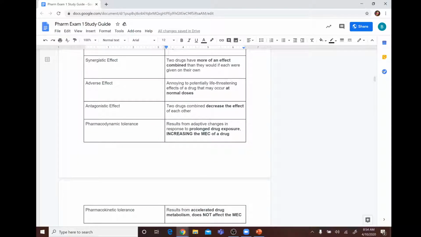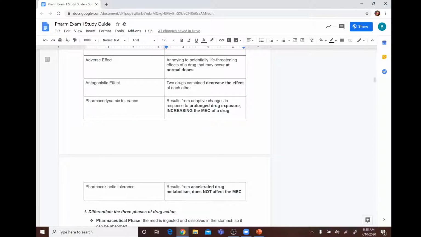What is an adverse effect? Annoying to potentially life-threatening effects of a drug that may occur in normal doses. What is an antagonistic effect? Two drugs combined decrease the effect of each other.